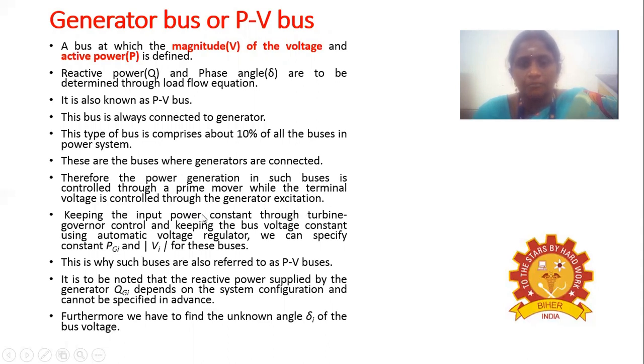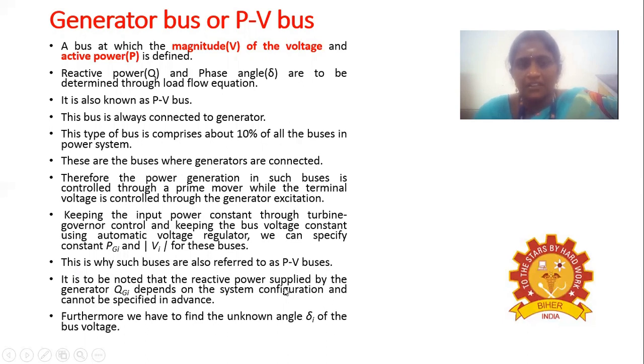So keeping the input power constant through turbine governor control and keeping the voltage constant using the automatic voltage regulator, we can specify the PGi and Vi for these buses. This is why such buses are referred to as PV buses.